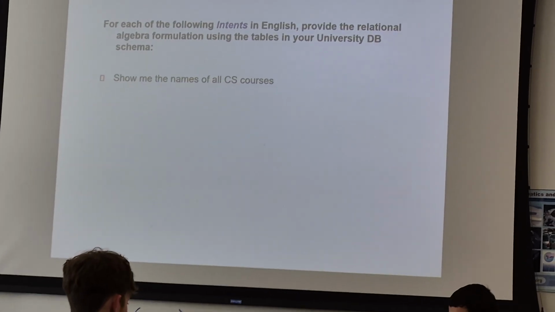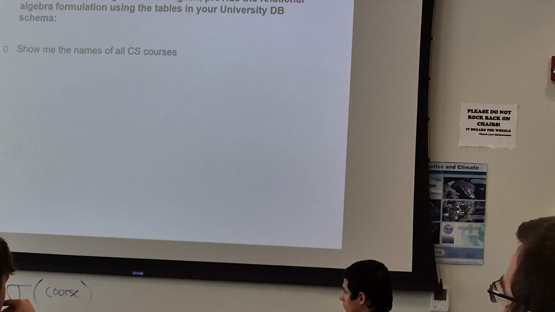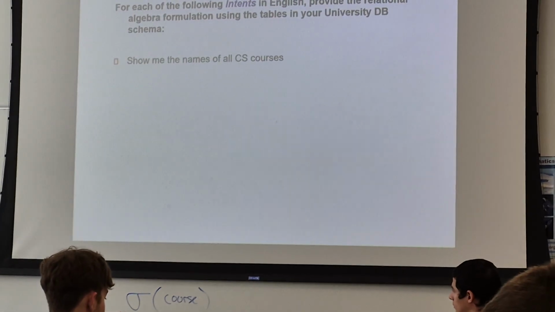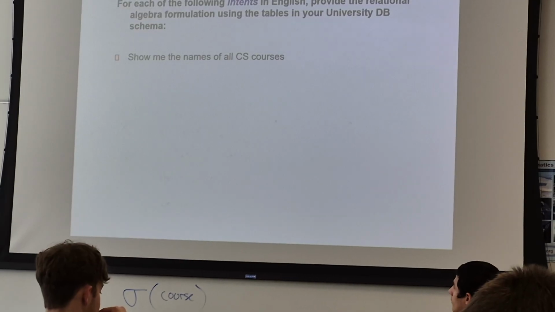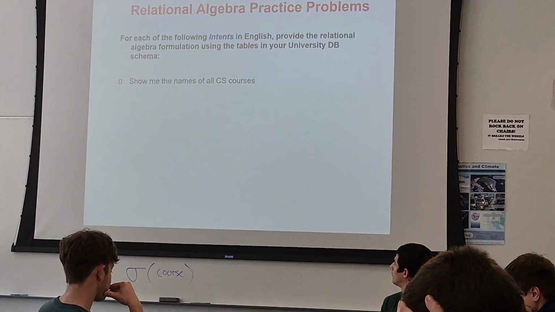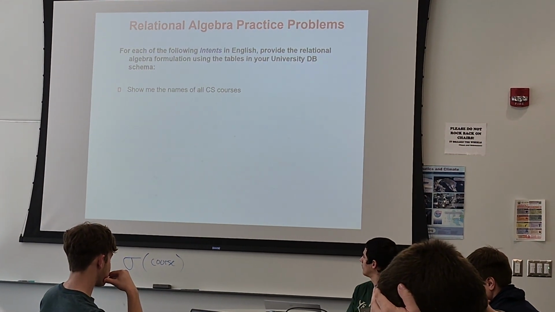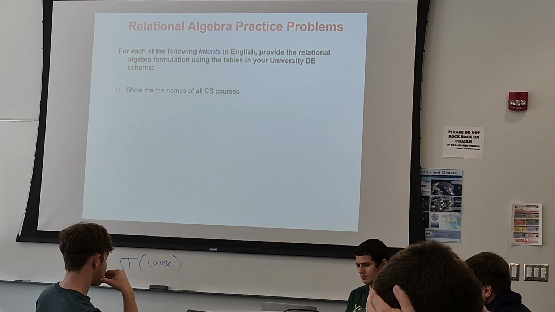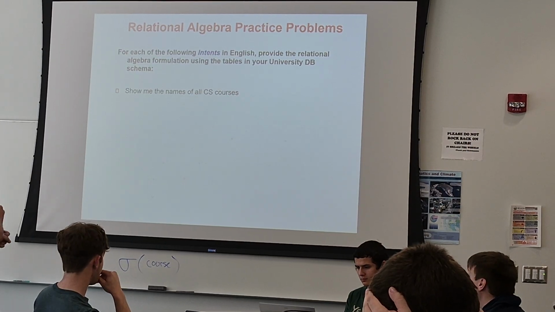Dalton only wants the titles of all of those courses. And so what's the operator that selects simply column names, Vega? Capital Pi. The projection operator, capital Pi.